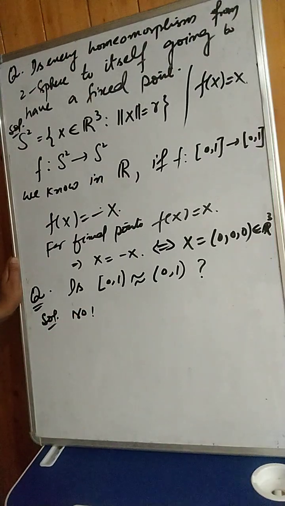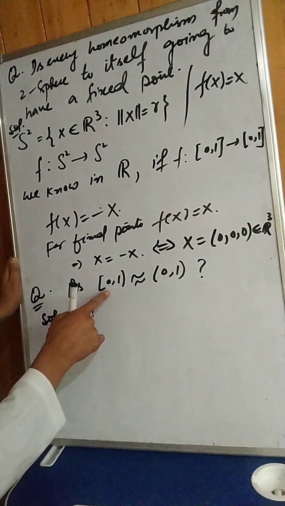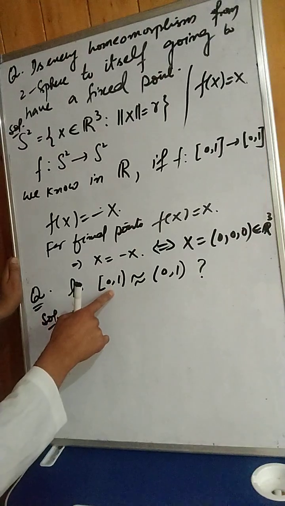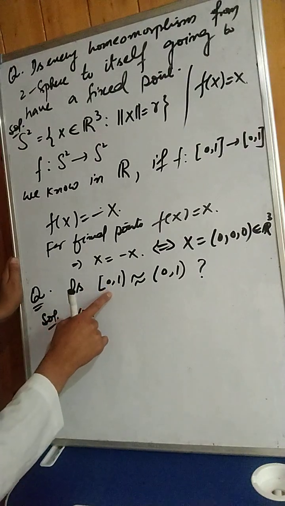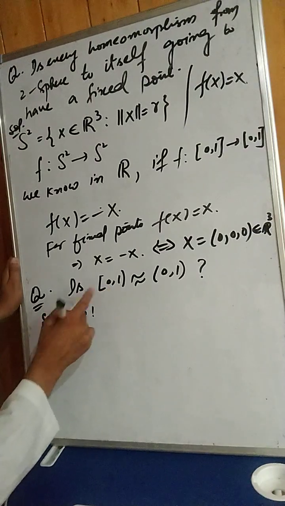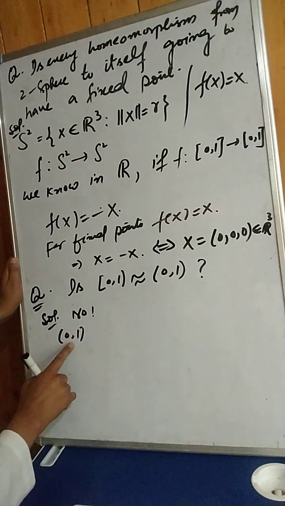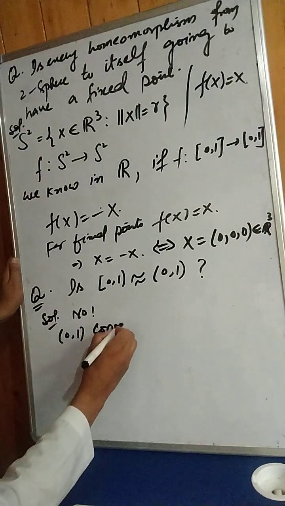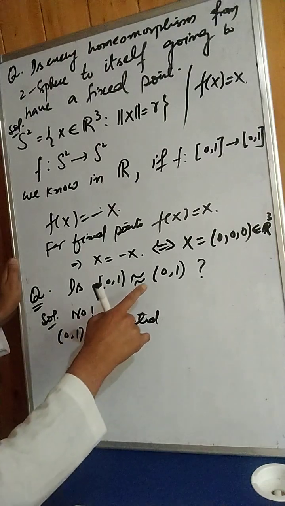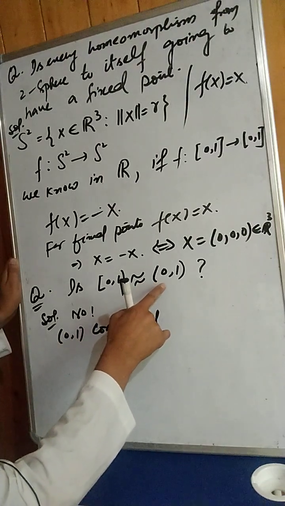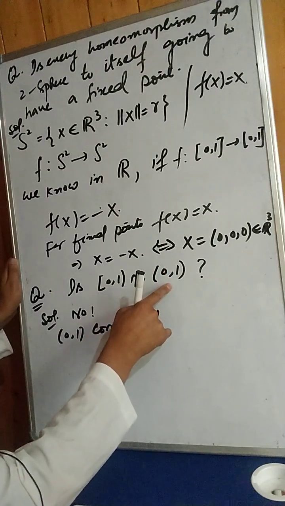The reason is, if we take any point from this and remove that point, it will sometimes become disconnected and sometimes remain connected. If we remove 0 from the first interval, it becomes (0,1], and this is still connected. However, this property does not hold for the other set, because if we remove any point from it, it becomes disconnected.